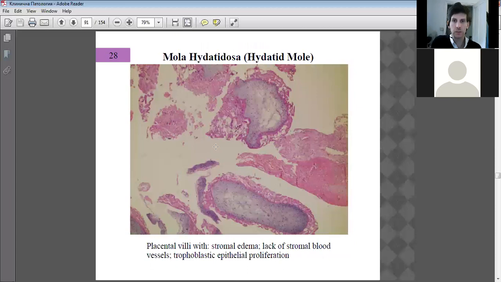This is a jump now to a mole, a nevus, sometimes called. There's a section through a mole, growth of a skin structure.